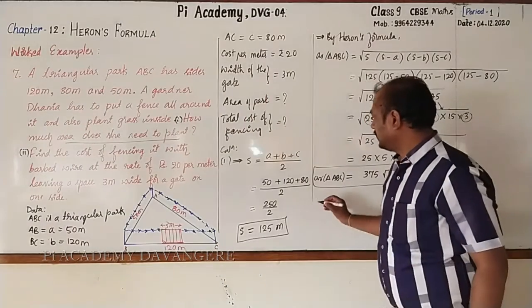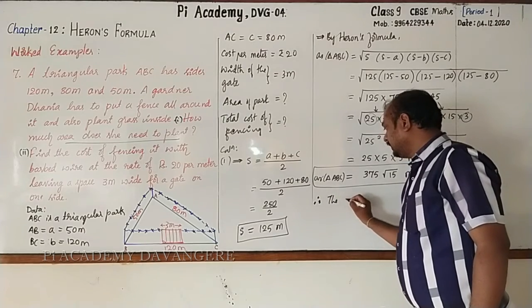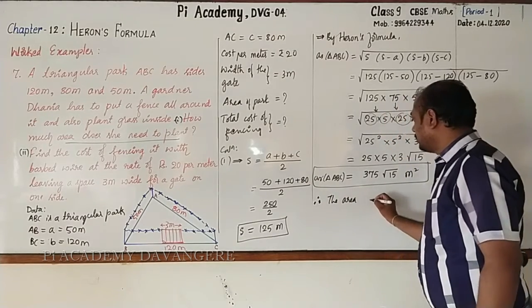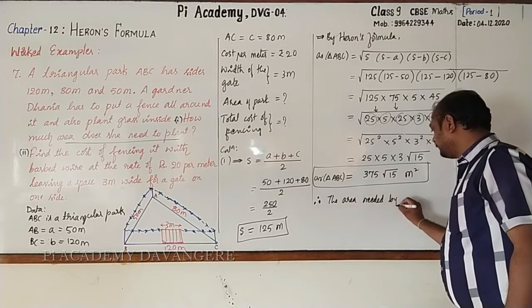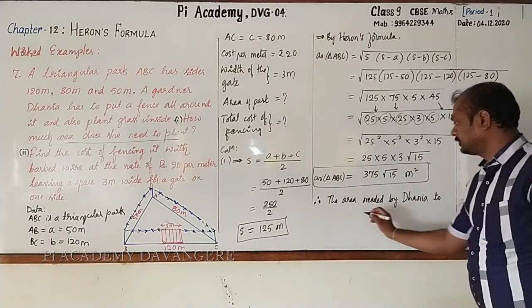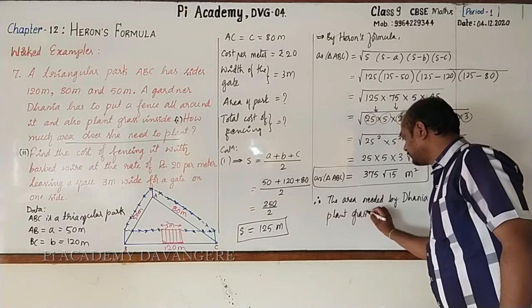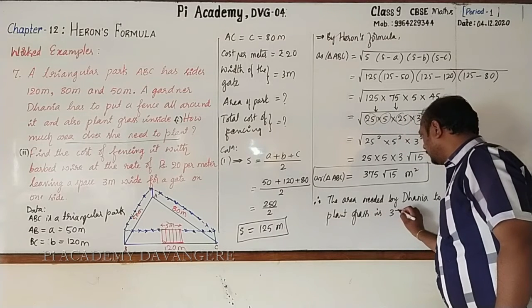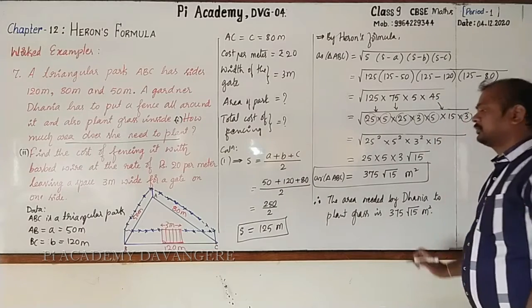Followed? So let me write the conclusion here. Therefore, the area needed by Dhania to plant grass is 375 root 15 meter square.